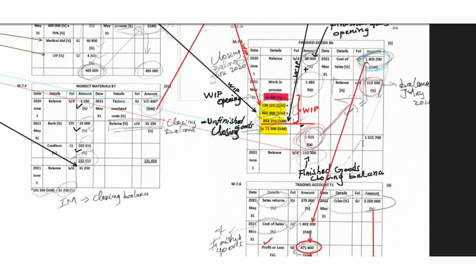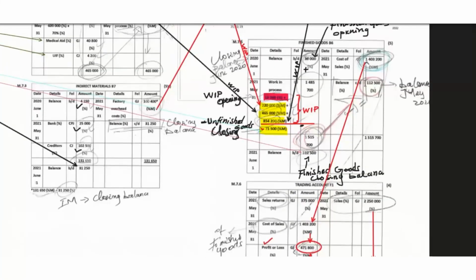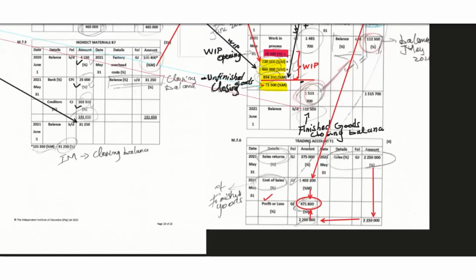That's why we need to take this total amount minus the balance to find what the cost of sales is. And this cost of sales will go straight into our trading accounts. Okay, so cost of sales goes straight into our credit account.